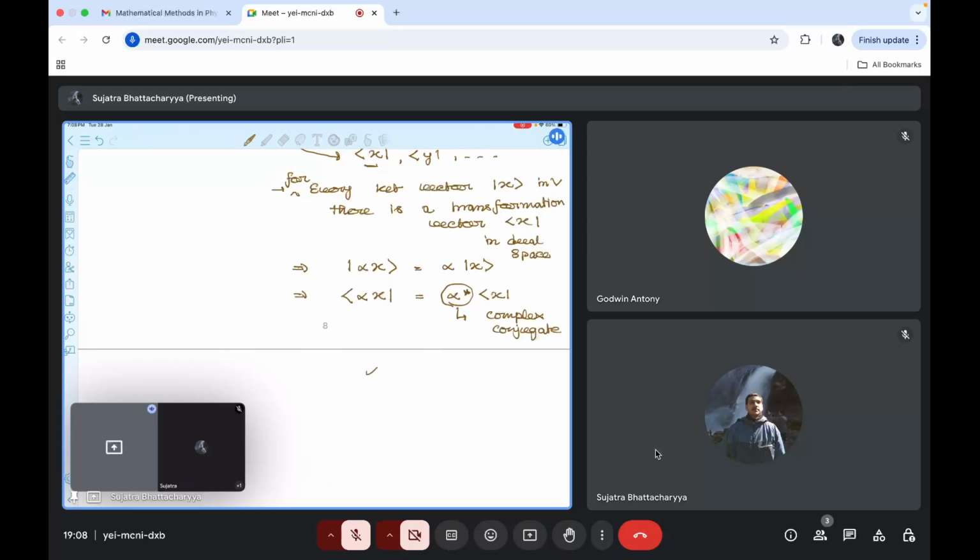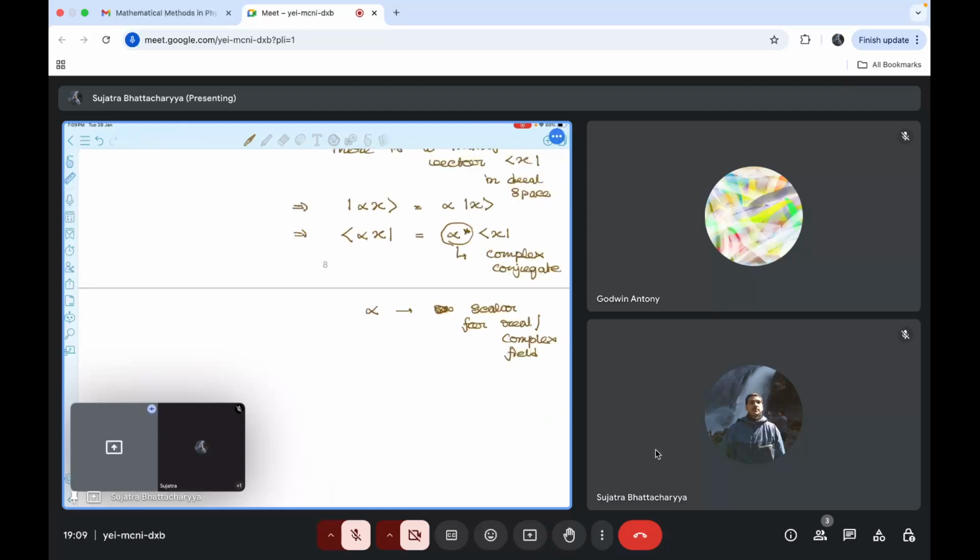We are assuming that alpha can be a scalar from a real or complex field. If it is a complex scalar, then this complex conjugate will be important. This is the basic difference between a ket notation and a bra notation, which we must know.